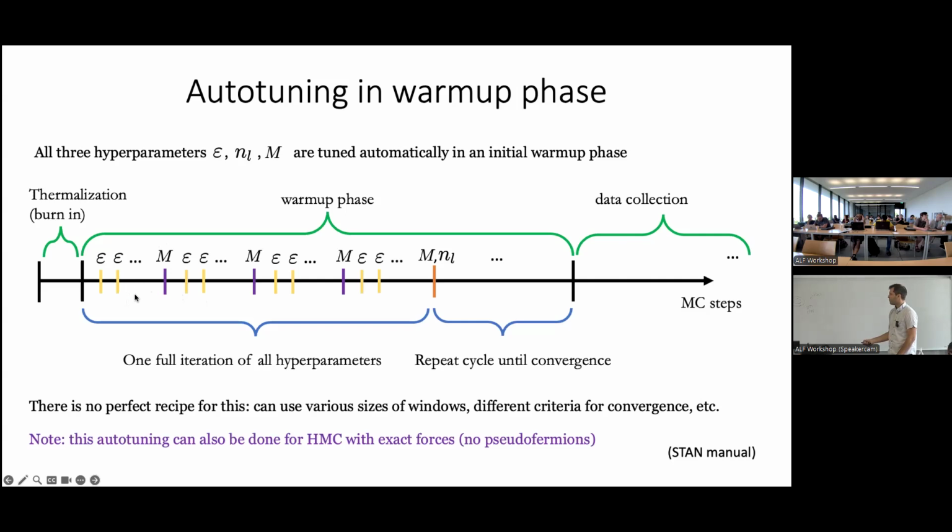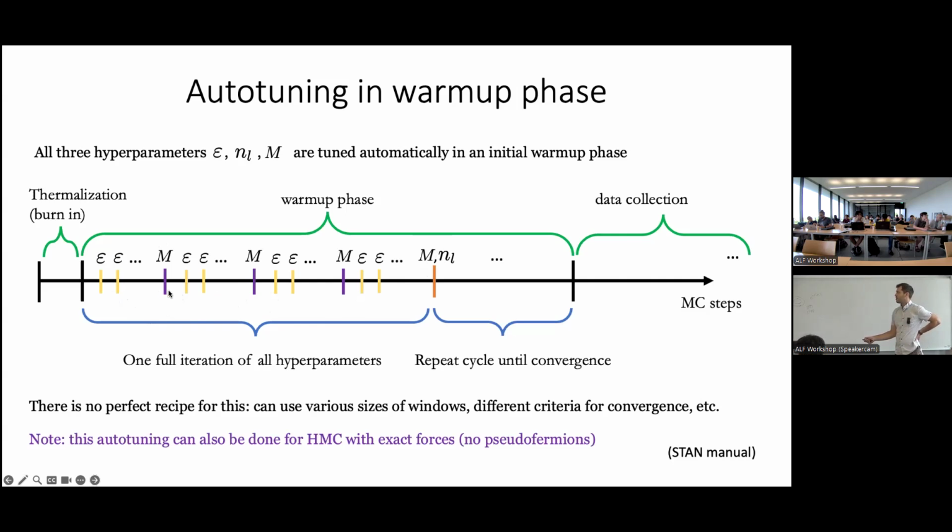So there'll be some big window, one full iteration of all the hyperparameters, which ends when you change the number of leapfrog steps, NL. This is the most expensive one, and you want to change it the least frequently. What we do is we compute epsilon many times, changing it every 5 or 10 iterations.